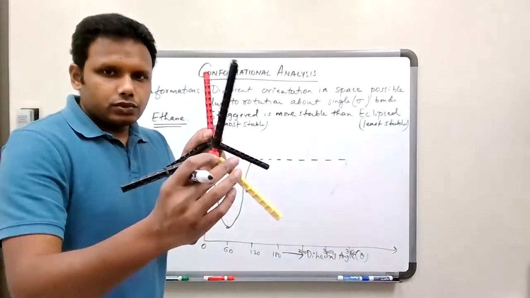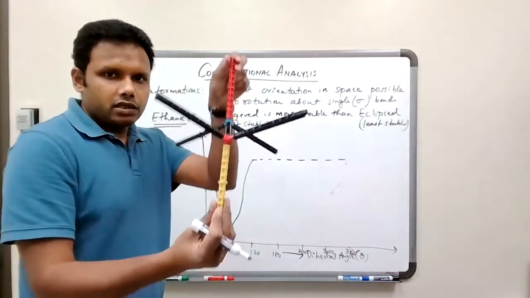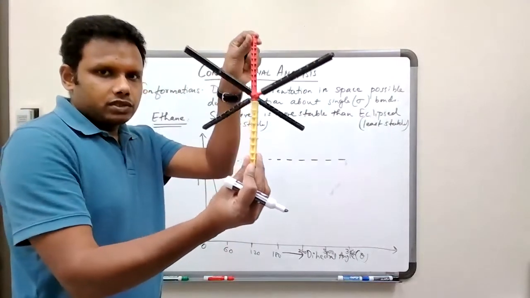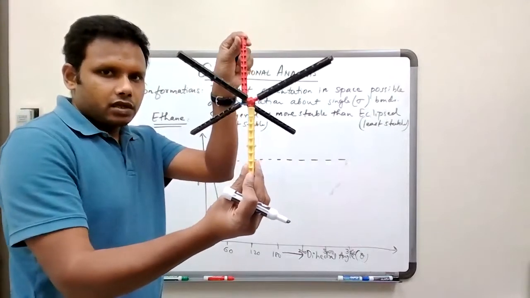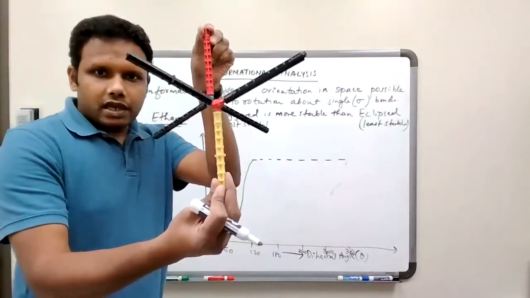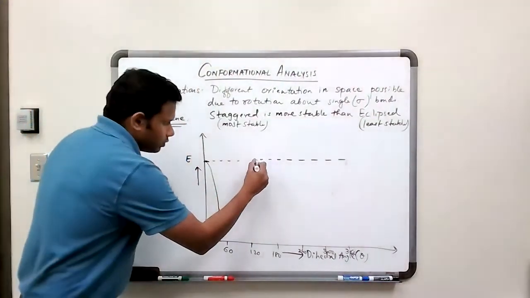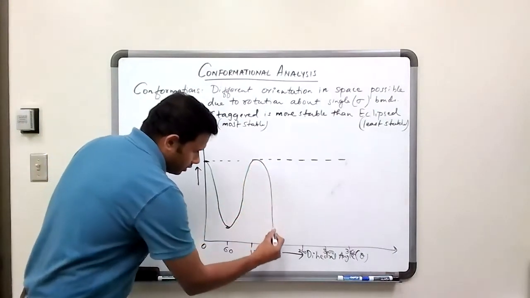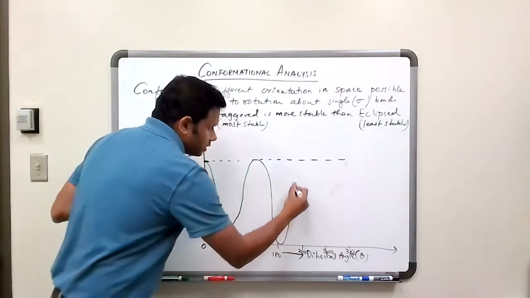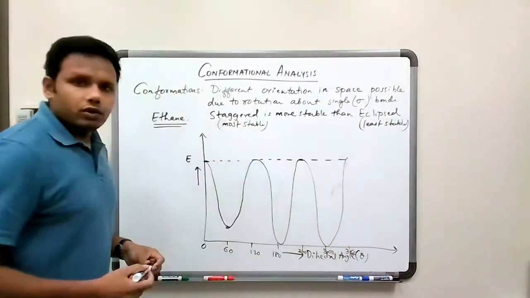And then as you rotate, you go to 180. Now the red and the yellow are across from each other. That means the dihedral angle must be 180 degrees between them. And this is a staggered conformation, so that means you're stable again. So you go down again at 180, and then again it goes up, goes down, and then goes up. So it basically goes up and down.